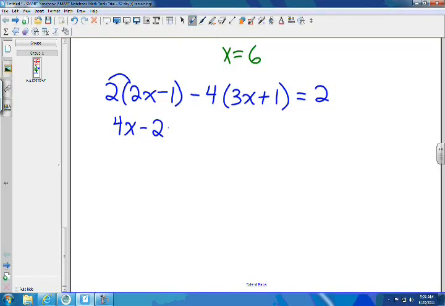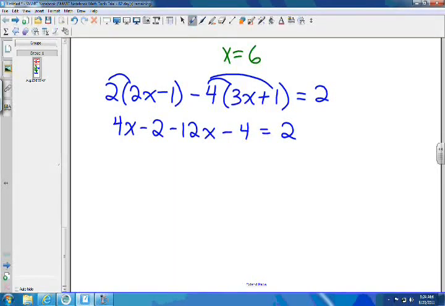A lot of people put that negative there, and then they distribute the 4. Don't put any sign right there. Leave that blank, and just distribute negative 4 times 3 is negative 12x. So an x is a minus, but it's a negative 12. And then distribute the 4 onto the 1, equals 2.